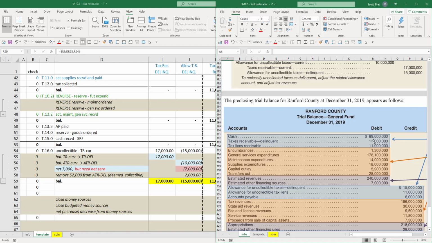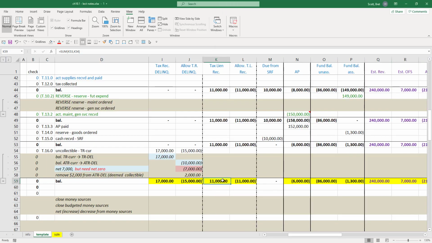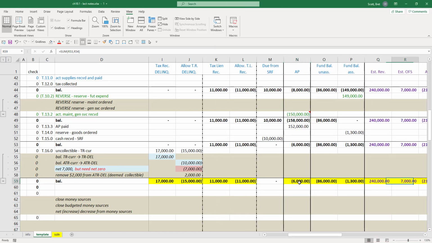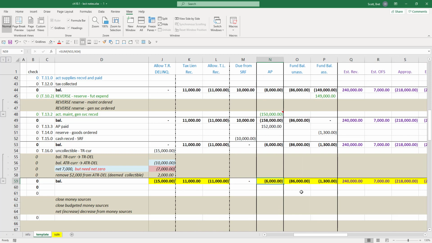Tax receivable delinquent, 17. Go all the way down to allowance for tax receivable delinquent, 15. Boom, right there. 11, 11, 11, 11. So far, so good. AP, 6 million. Fund balance unassigned. Fund balance assigned.